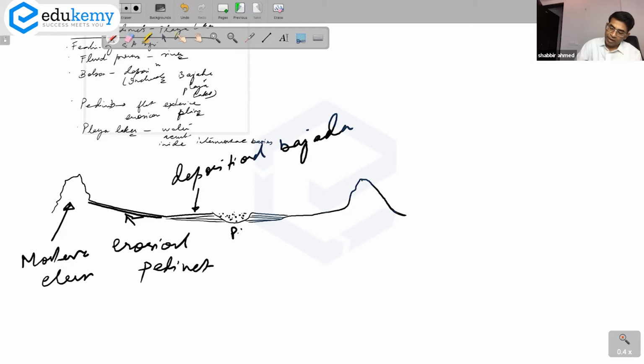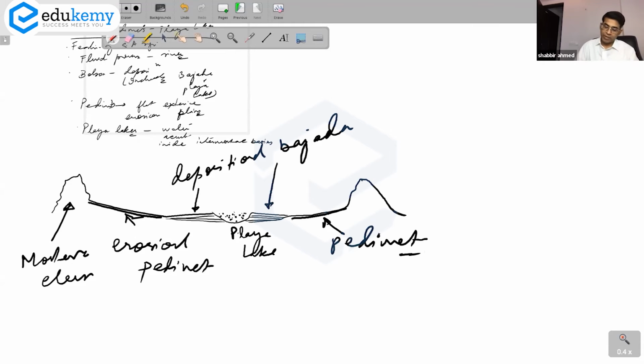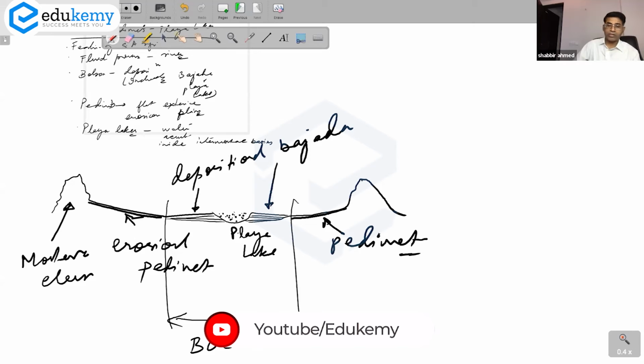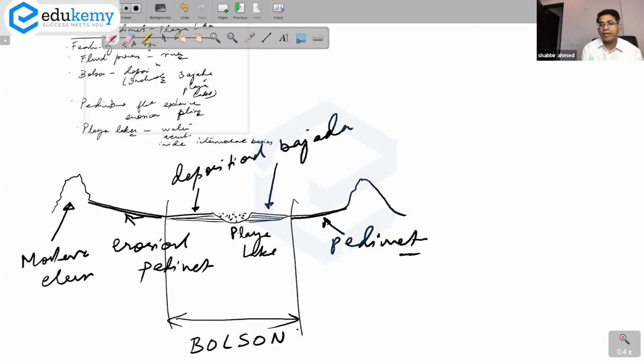This is the playa lake, and this is the Bolson. The Bolson includes both the playa lake and the bahada together.